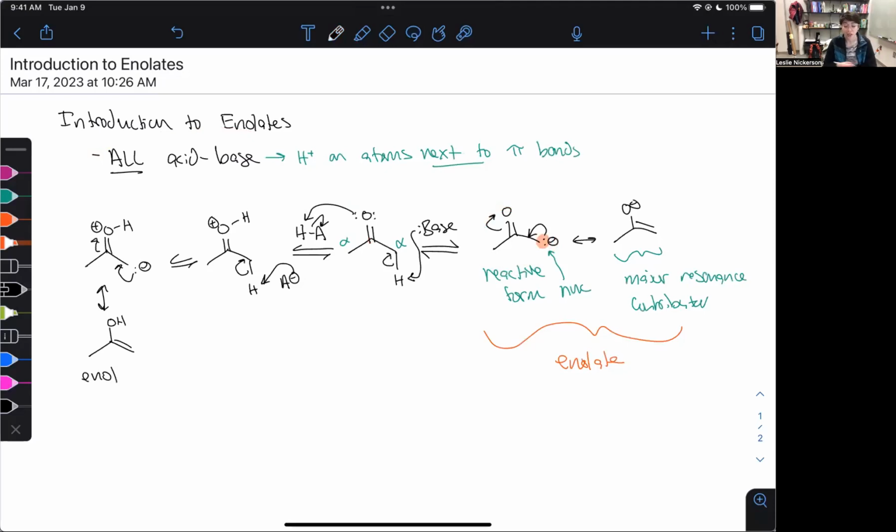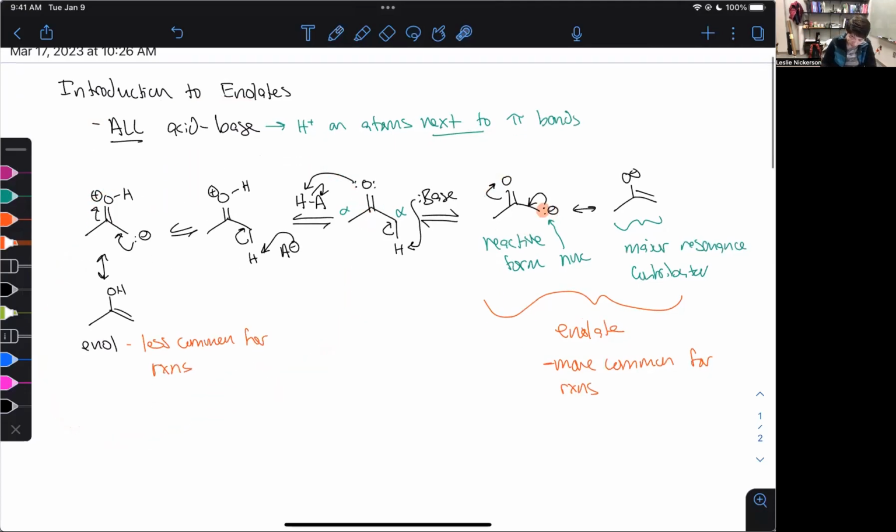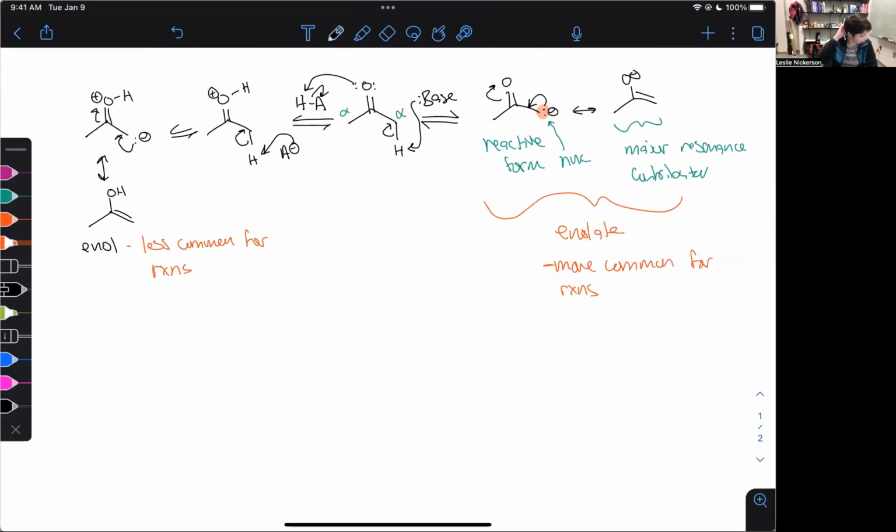Okay, so I will say the enolates are a lot more common, but you can see enols used. So if you see an acid version, you can do similar enolate chemistry with the protonated form of the enol. Okay, so we're going to focus mostly on the base versions, but I do just want you to know that this does exist. Okay, so let's check out some acids and bases here.